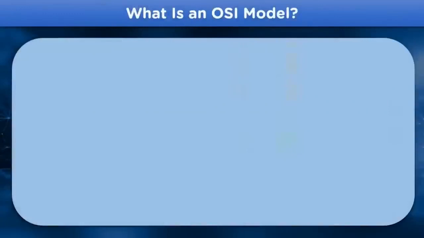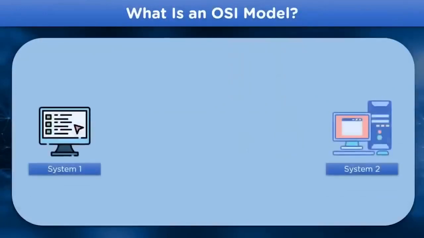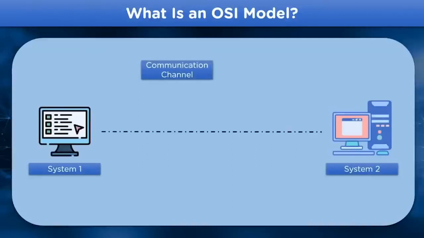To better understand the OSI model, let's take a look at a scenario. Assume we have two different systems with different operating systems installed in them, and there is a communication channel between them over which the data is shared. But sometimes during transmission of data, it faces some problems.